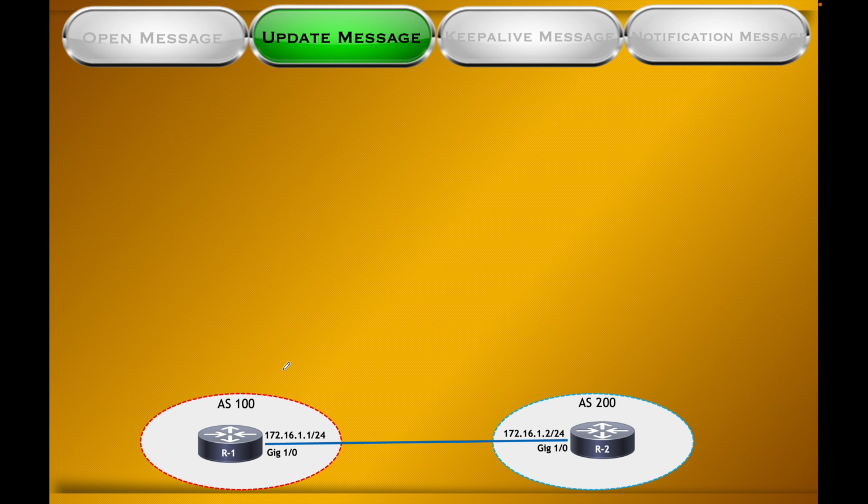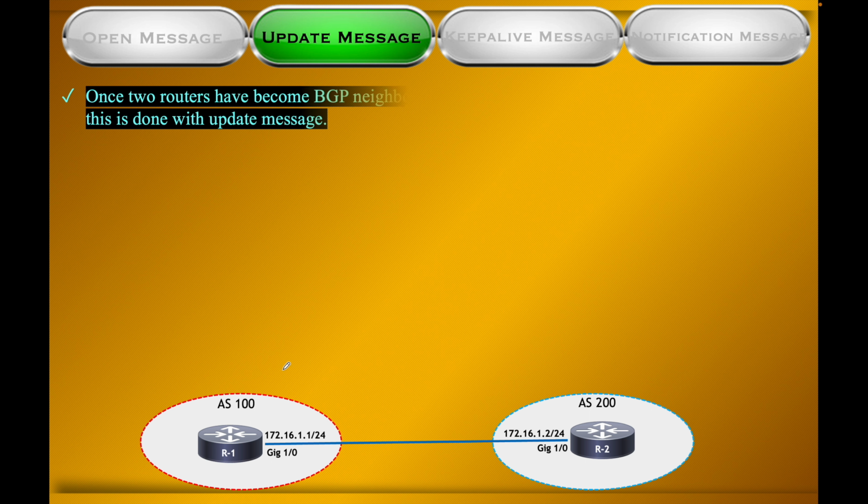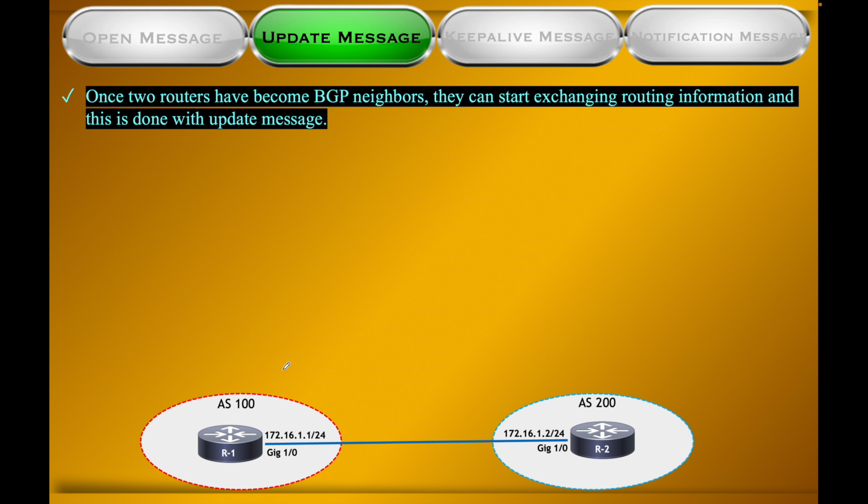Now time comes to the update message. Here we'll understand what an update message is. Before that, we have to understand when the update message gets sent. Once the two routers establish a neighborship through the open message, only then are they ready to exchange routing information or routing updates.